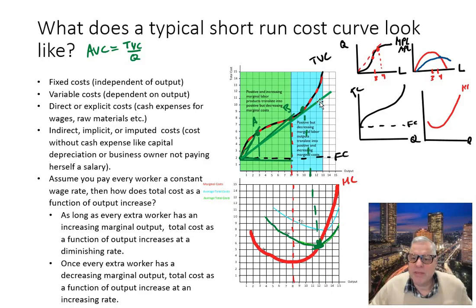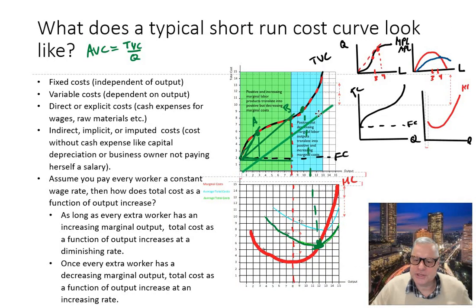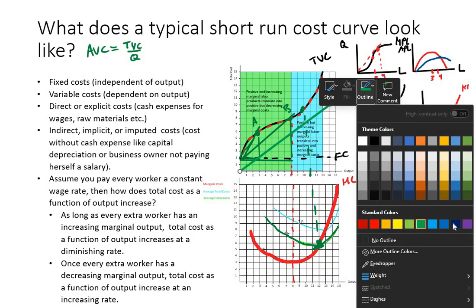So the same thing for the average total cost. For the average total cost, I just need to find, so now we have to make it maybe blue.